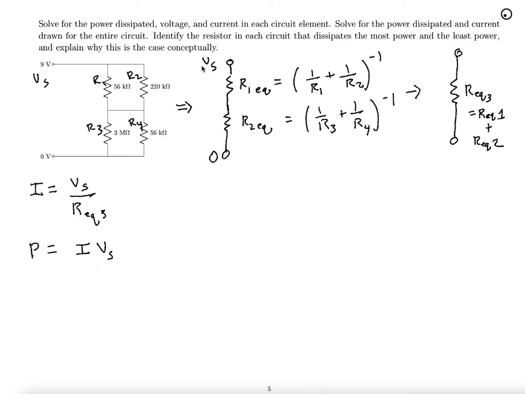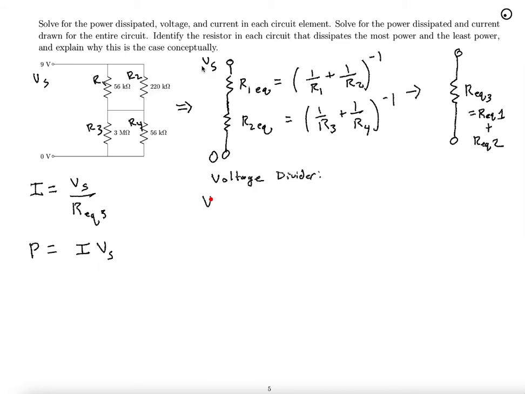And I will use the voltage divider equation to determine the voltage across R2 equivalent, which is the same as the voltage across R3 or R4 because they're connected here.